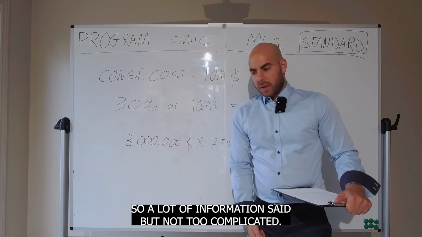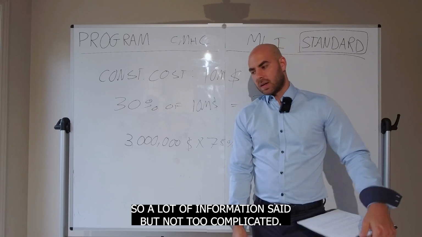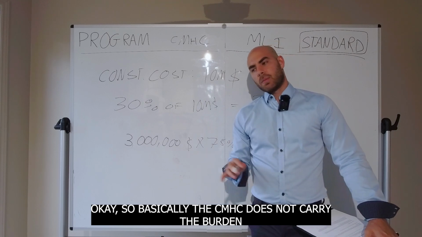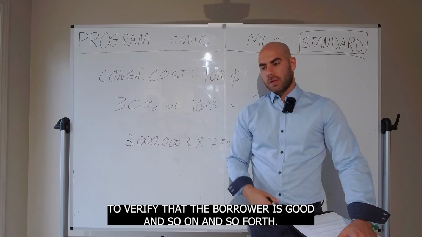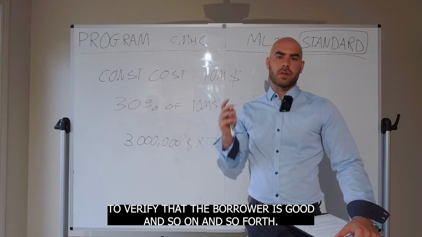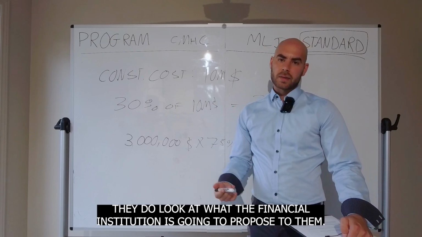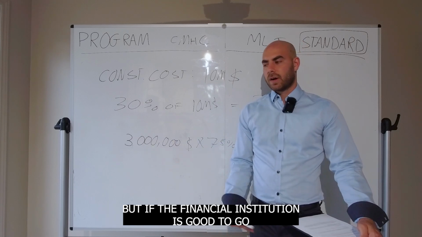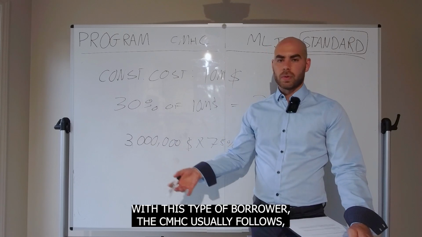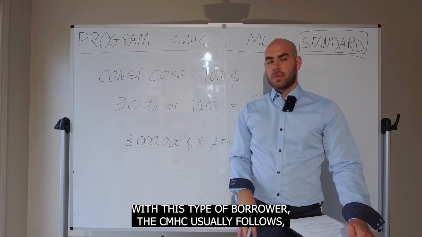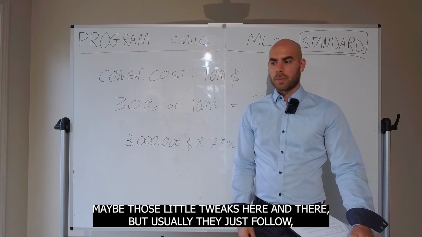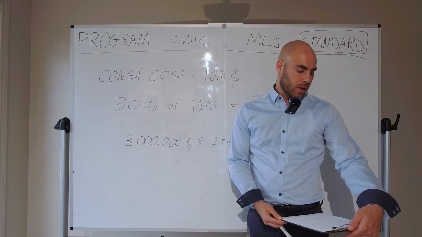So a lot of information said, but not too complicated. Basically the CMHC does not carry the burden to verify if the borrower is good and so on and so forth. They do look at what the financial institution is going to propose to them, but if the financial institution is good to go with this type of borrower, the CMHC usually follows, maybe does little tweaks here and there, but usually they just follow.